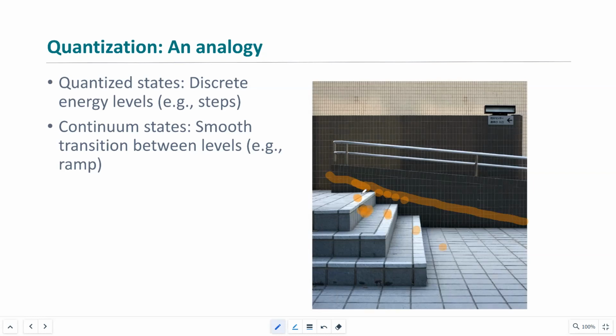In particular, there are 4 positions: top of the stairs, first step, second step, bottom of the stairs. I can't be anywhere other than one of those 4 positions, at least not on the staircase. So that's what quantization is all about. Quantization tells us that there are very specific energy levels that are possible, and any other energy state, at least for a given atom, is not possible.